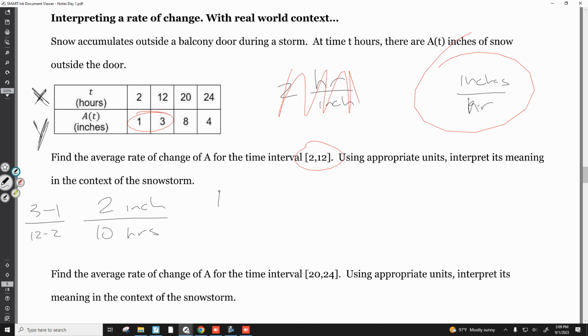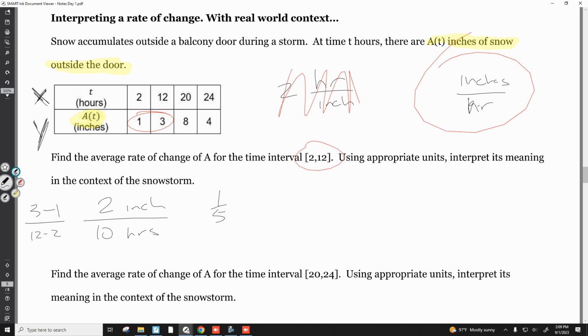This is 1/5. Now, here's the easiest way to provide a contextual statement that is always correct. Look at A. Make sure you understand what A is. Inches of snow outside the door. I'm going to use that in my statement.